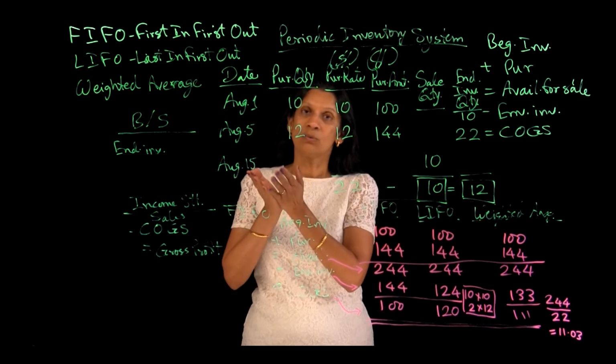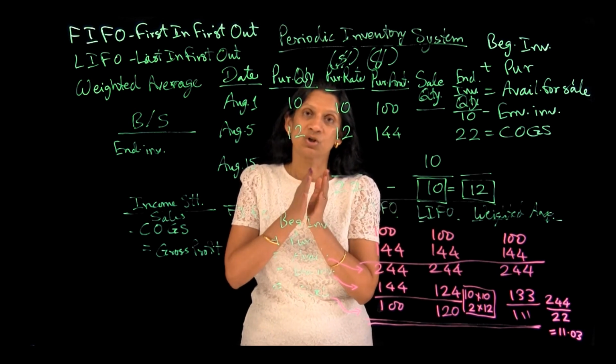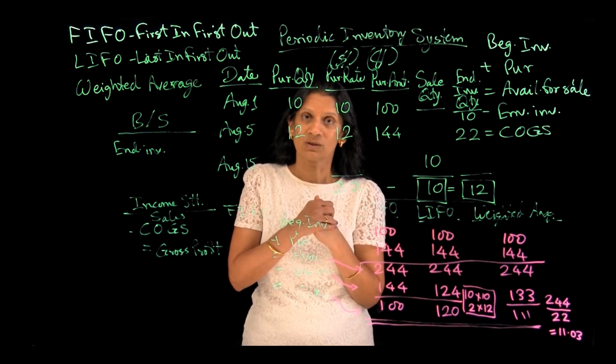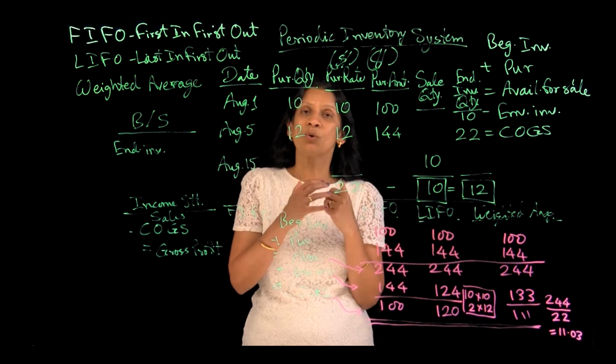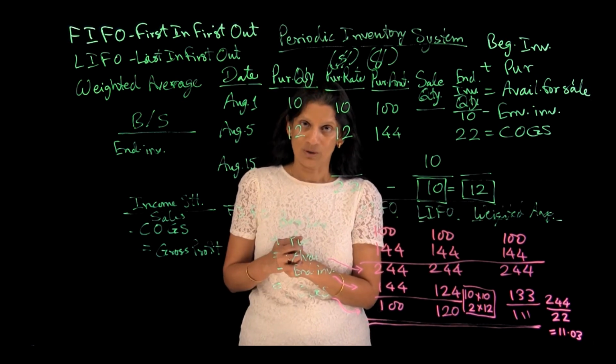So higher the inventory in the balance sheet, better is the picture for the shareholders or the investors of the company. They will have more confidence in the company and they will tend to invest in your company.